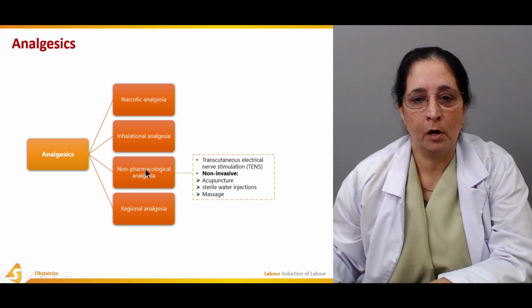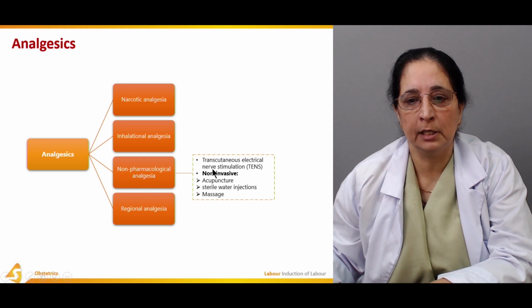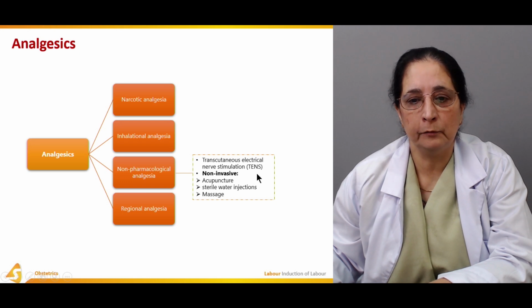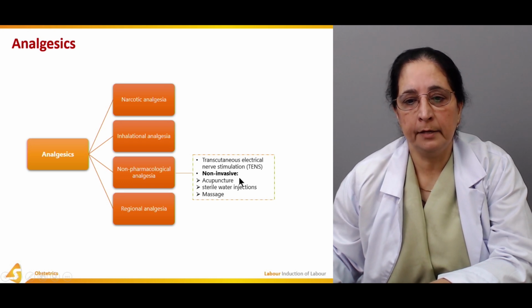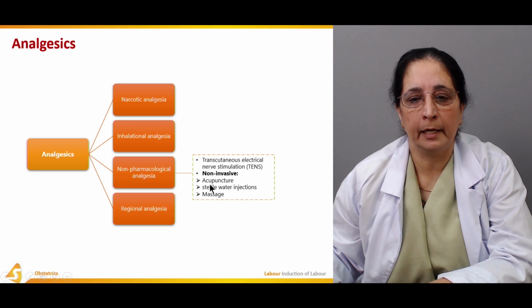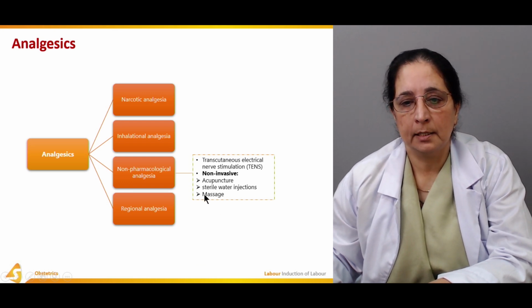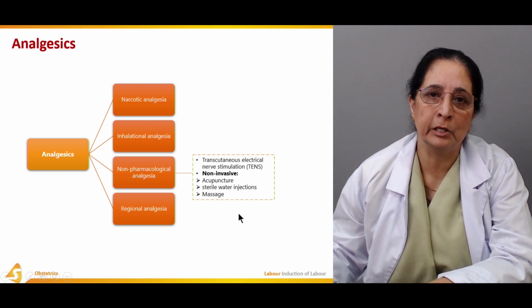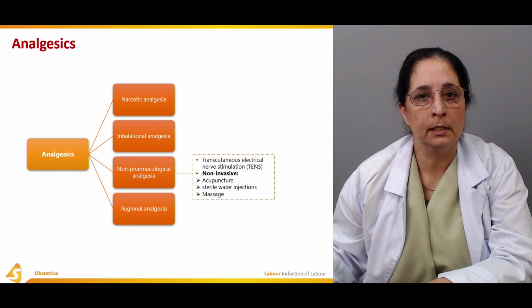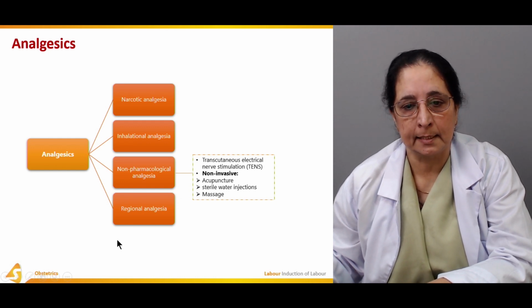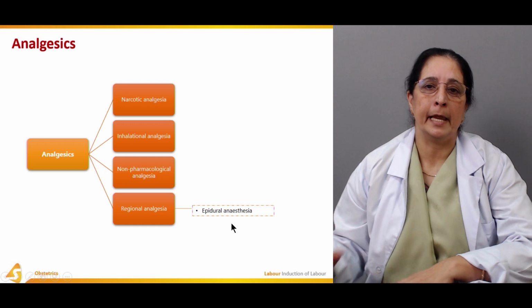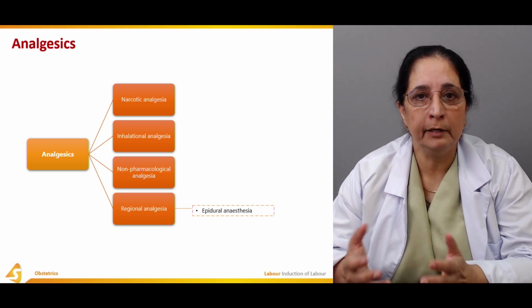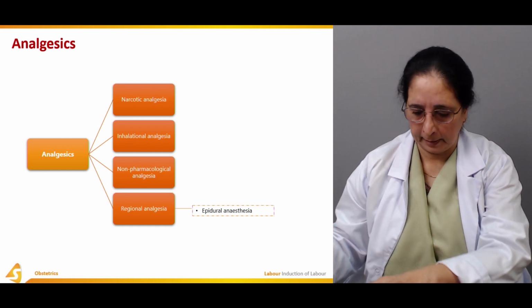Non-pharmacological analgesia includes transcutaneous electrical nerve stimulation, non-invasive methods like acupuncture, sterile water injections, and massage. These are all means of pain relief without any medicines. And then regional analgesia is epidural anesthesia. All these can be used for the relief of pain in labor.